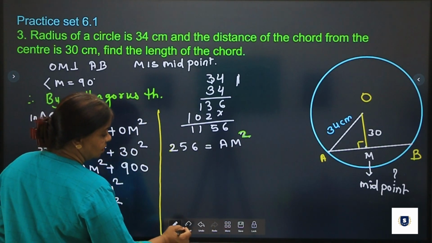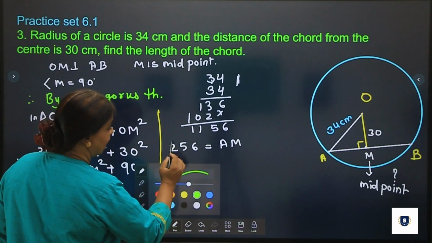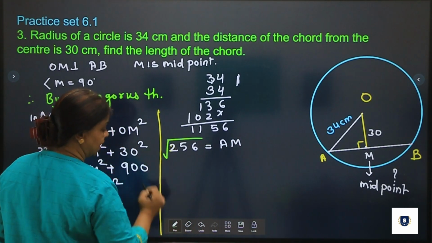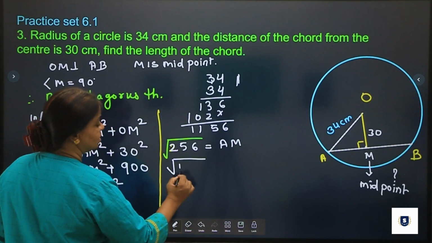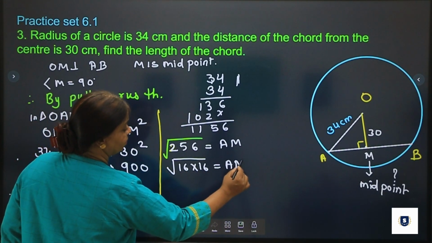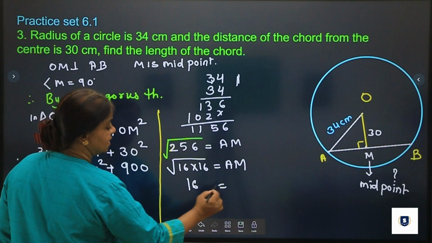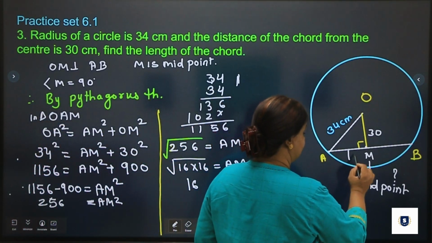I'll be removing the square. If I remove the square, I have to place the square root on the other side. So 256 is what? 16 into 16, which is equal to AM. So 16 is equal to AM. So we got AM as 16.